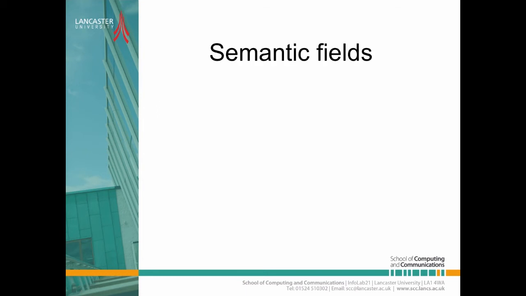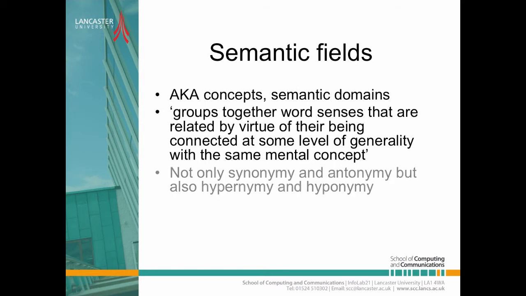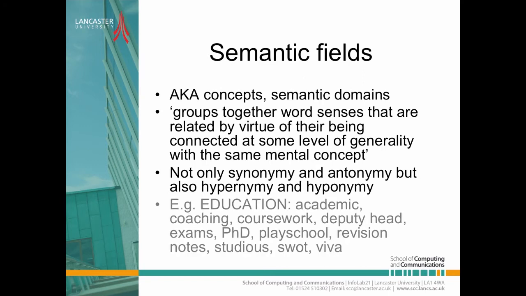So the approach that we took was to use semantic fields. Sometimes we'll call these semantic concepts or semantic domains, but the overall definition of this is that they group together word senses that are related by virtue of them being connected at some level of generality with the same mental concept. So this includes various lexical relationships, not only synonyms and antonyms, but hyponyms and hypernyms.